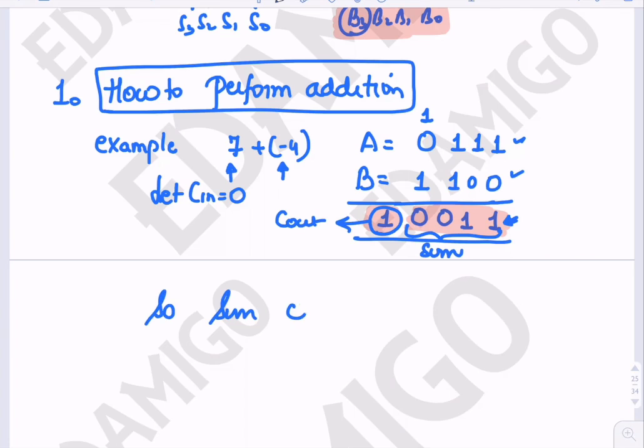So the sum is 0011. Since the inputs were in 2's complement format, the output will also be in 2's complement format.